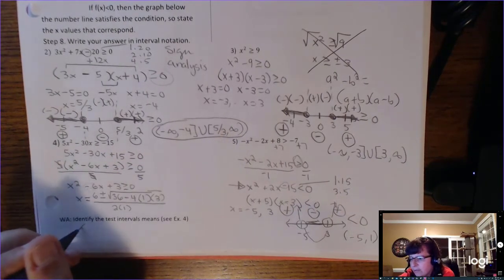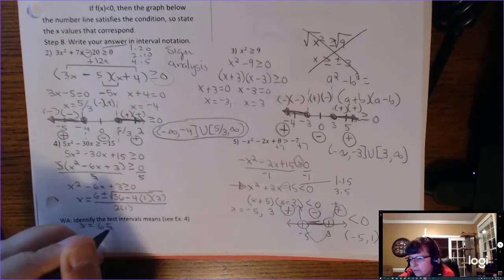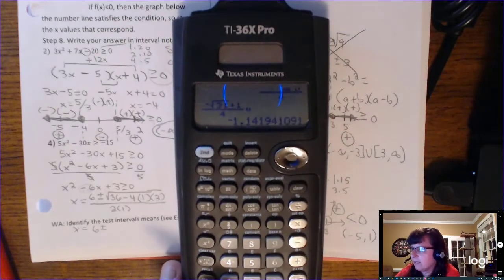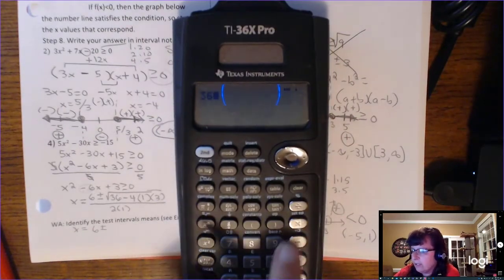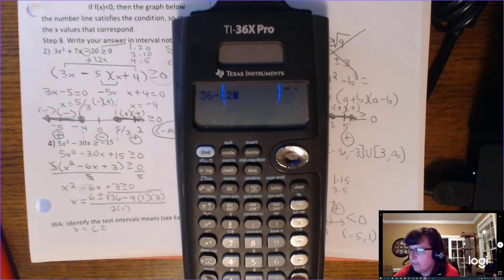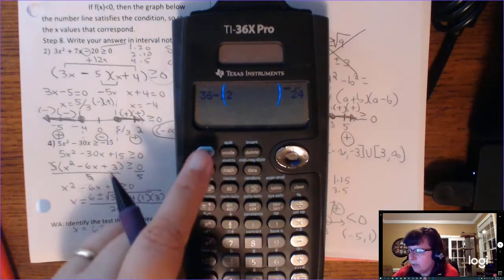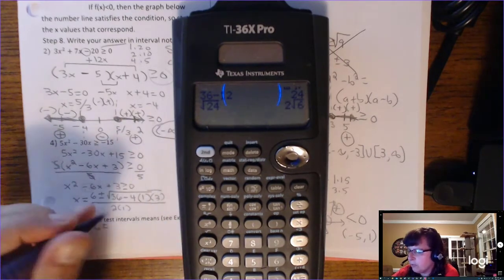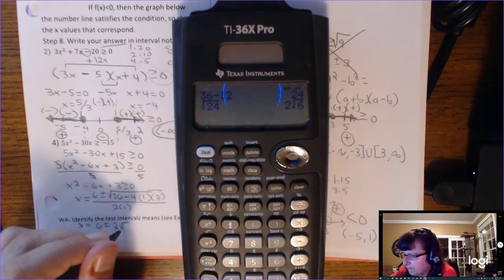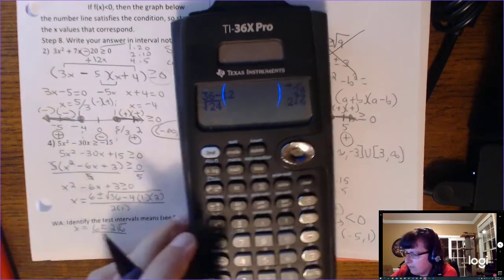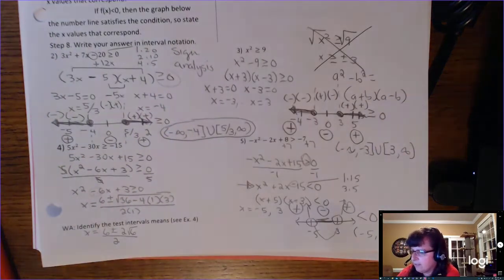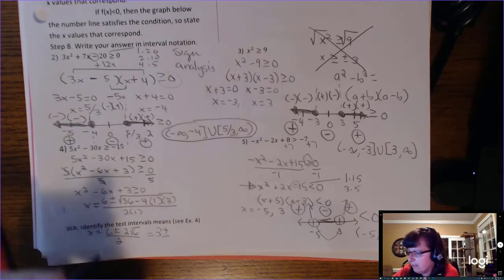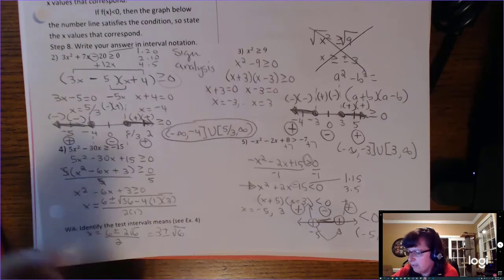Okay, that's going to give me x equals 6 plus or minus, let's see what this gives me. 36 minus 12 gives me 24. Square root of 24 reduces to 2 root 6. Divide that 2 out, and you get 3 plus or minus root 6.